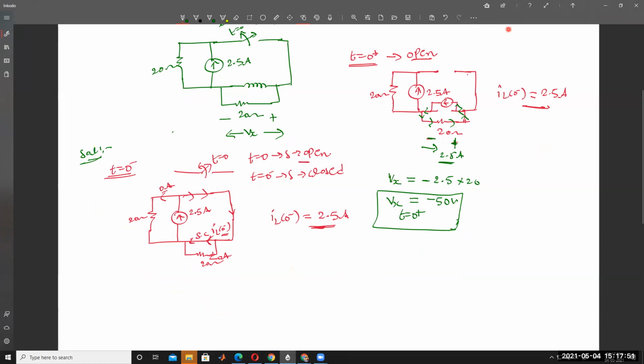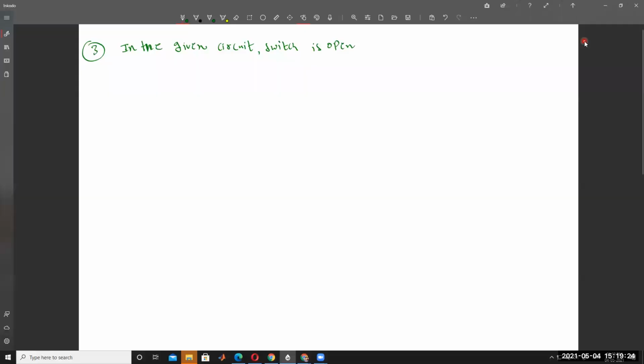And then the next problem. In the given circuit, the switch is open for a long time, and it is closed at t equals 0.